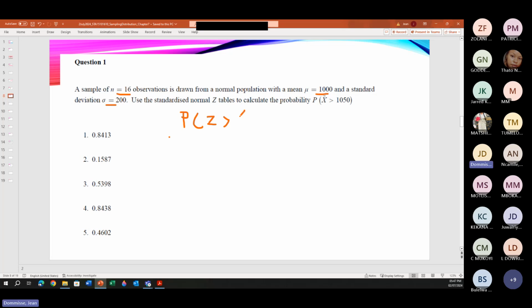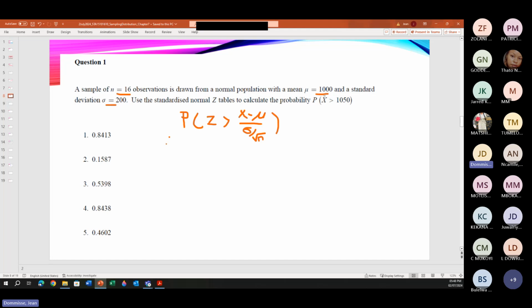So let's just first write out the formula so that we can get used to seeing that, and then we can just substitute.